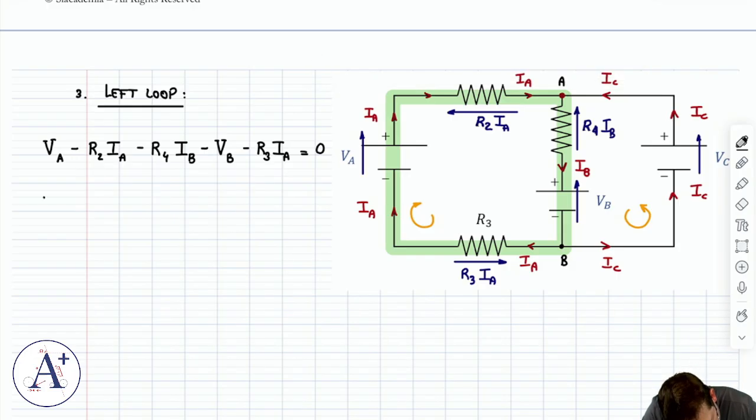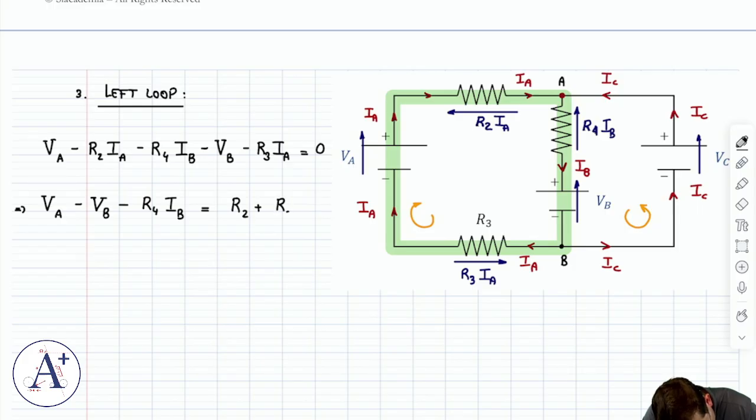So then we get VA minus VB minus R4IB is equal to R2 plus R3 times IA.